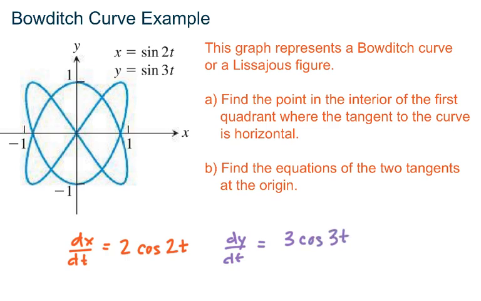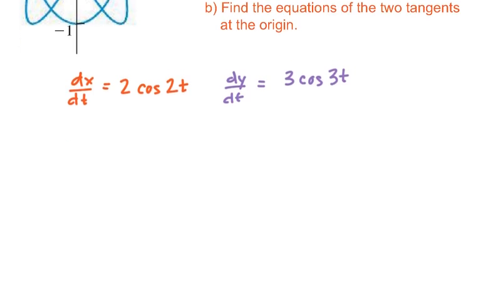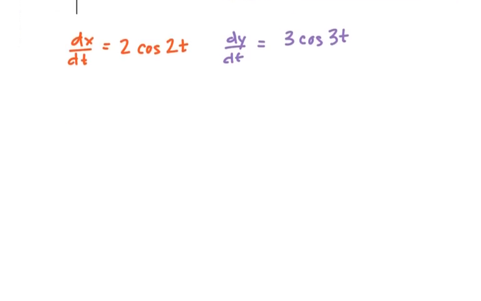And in this situation, we want to solve where the derivative is equal to 0, so we need dy/dx. And dy/dx, that derivative, is formed by putting dy/dt over dx/dt.